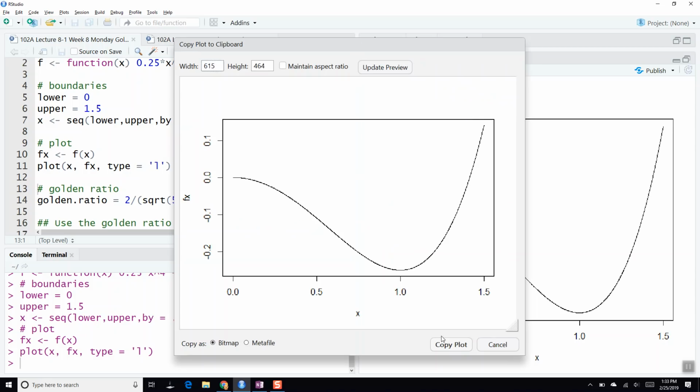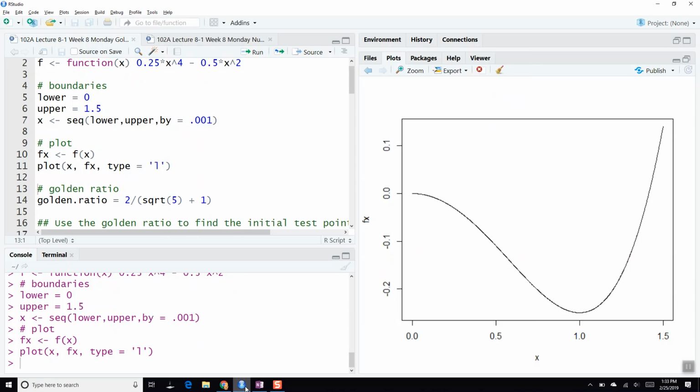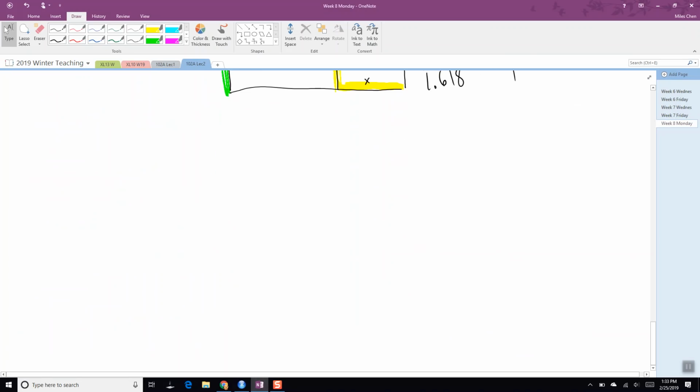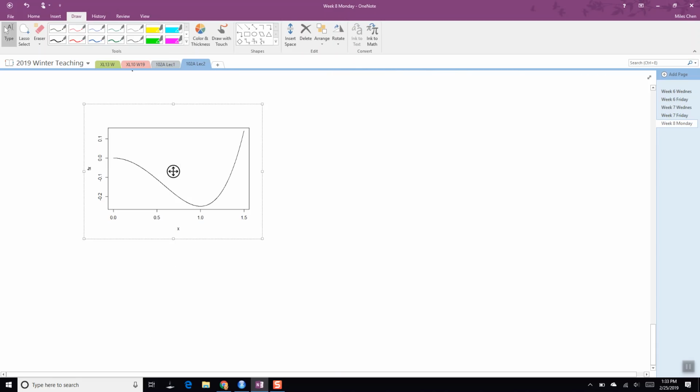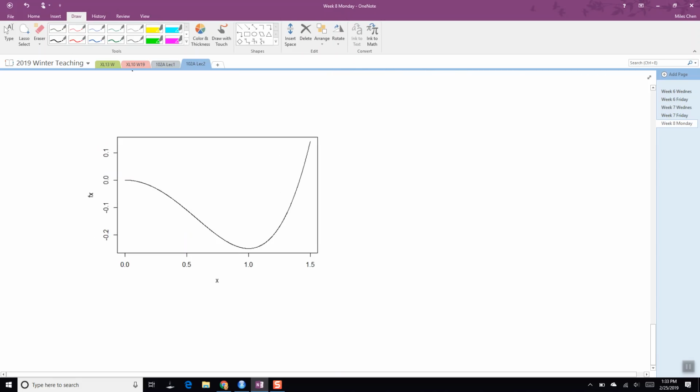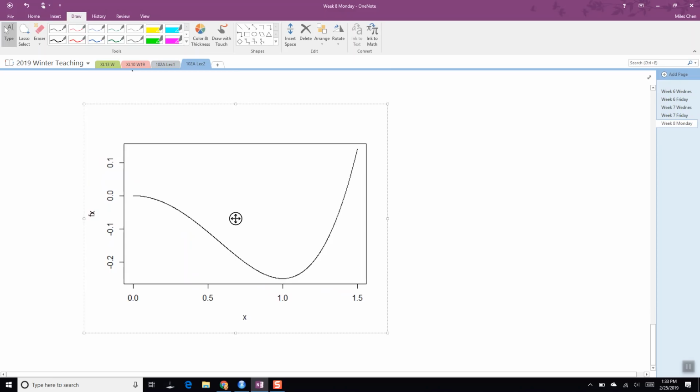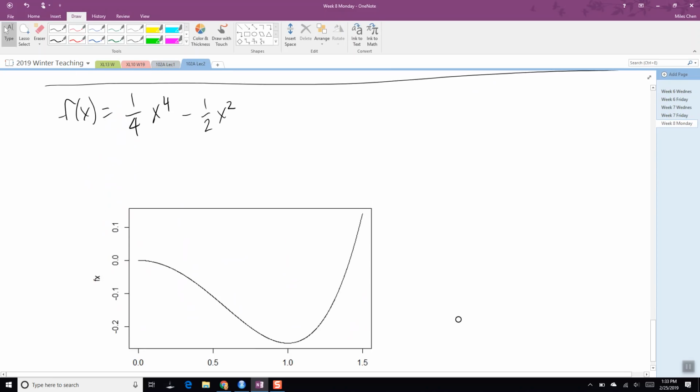So I'm going to go ahead and copy this. So we're going to have f of x is equal to 1/4 x to the 4th minus 1/2 x squared, and our plot looks like this. Okay, and we want to find a local minimum.